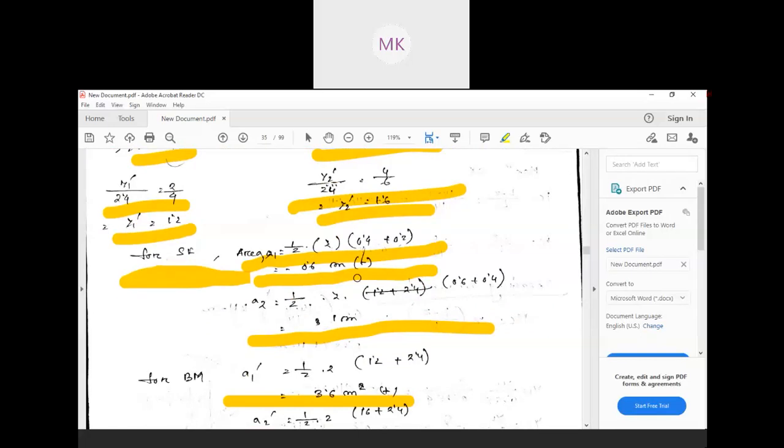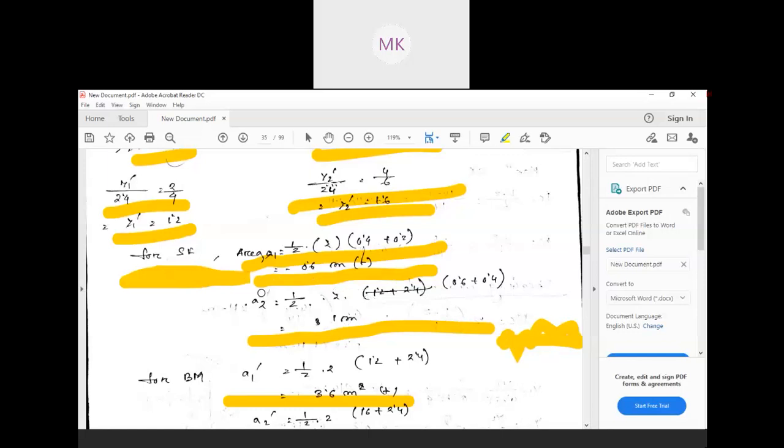And remember this, when it is given in terms of UDL only, you need to find out the shaded portion area. Why? Because UDL is not at a point, it is uniformly distributed over a span. So for that span, that UDL effect is given in terms of that area, because UDL is applied in that particular area.